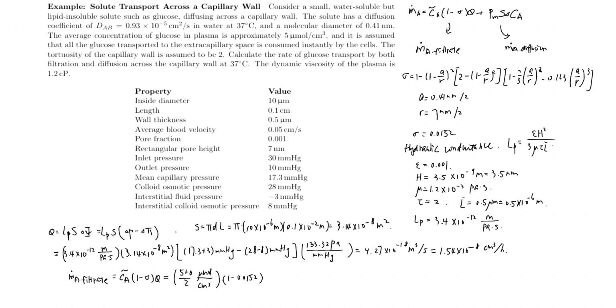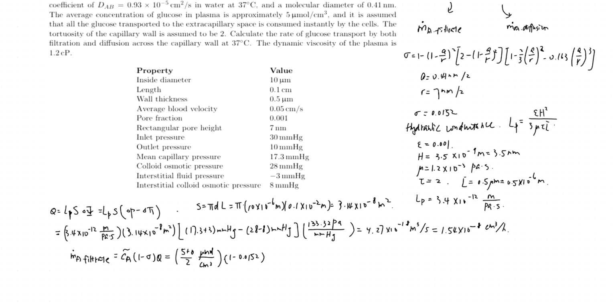It's here, yeah. And Q, we just found it. It is 1.54 times 10 to the minus 8 centimeter cube per hour. So you can see centimeter cube cancels out. So you get 0.79 times 10 to the power of minus 8 micromole per hour.